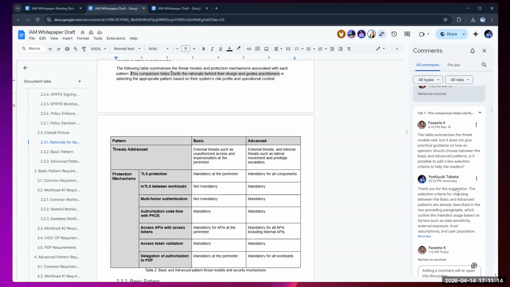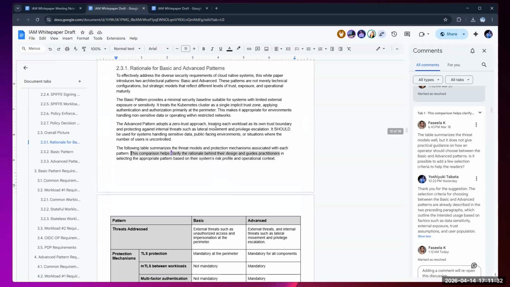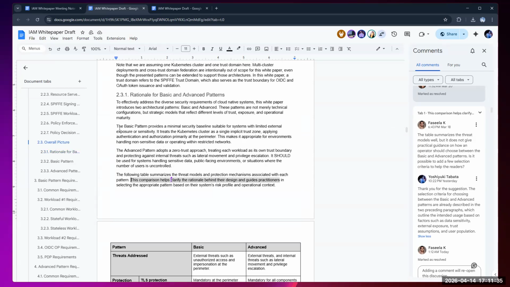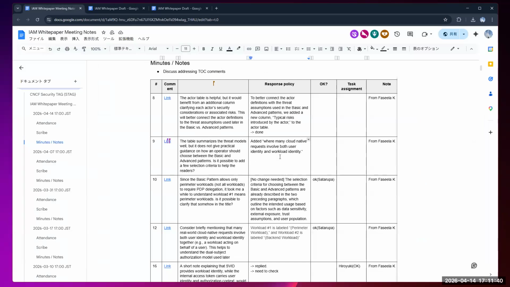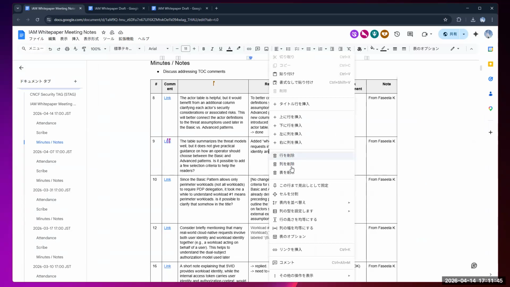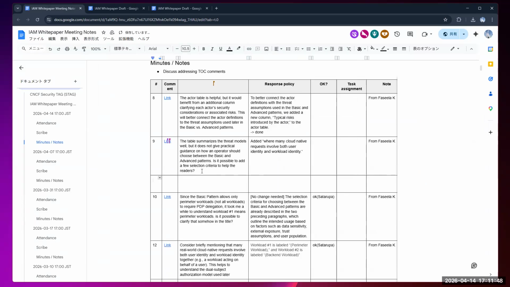The selection criteria for choosing between the basic and the advanced pattern are already described in the two preceding paragraphs, which outline the intended usage based on factors such as data sensitivity, external exposure, trust assumptions, and user population.